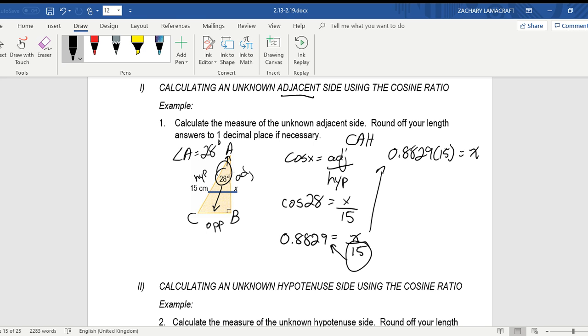If you do this, you should get 13.2, and in this case, centimeters. Okay, that would be your answer for this question, 13.2 centimeters. I'll just give you a second to write that down.